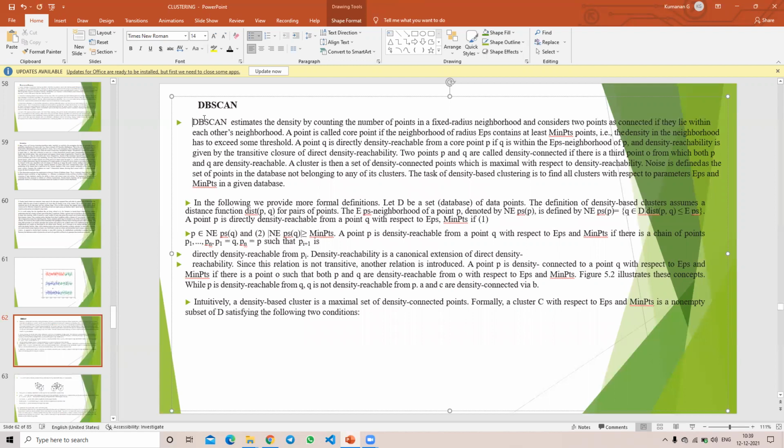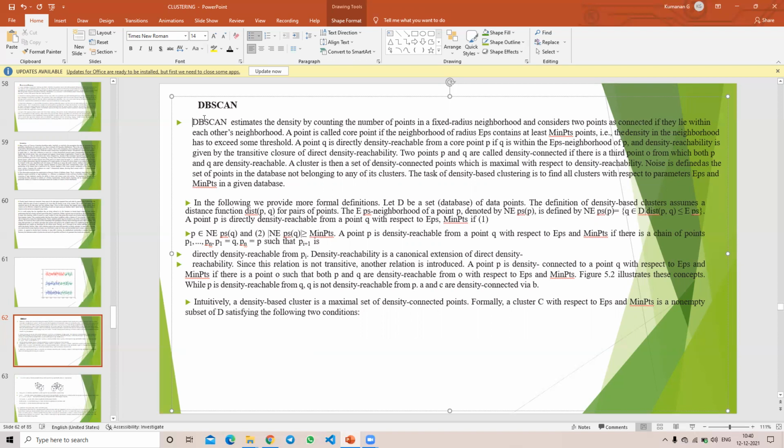A point Q is directly density reachable from a core point P if Q is within the EPS neighborhood of P, and density reachability is given by the transitive closure of direct density reachability. 2 points P and Q are called density connected if there is a third point O from which both P and Q are density reachable.